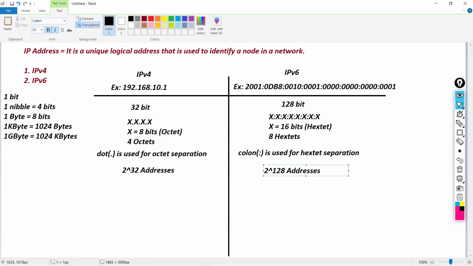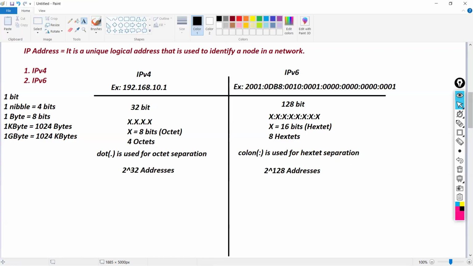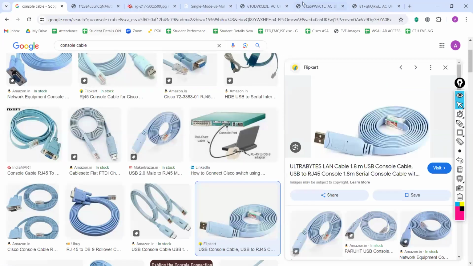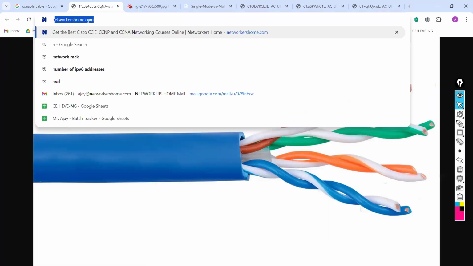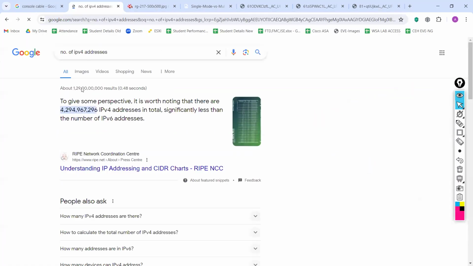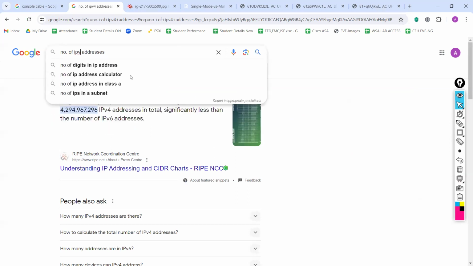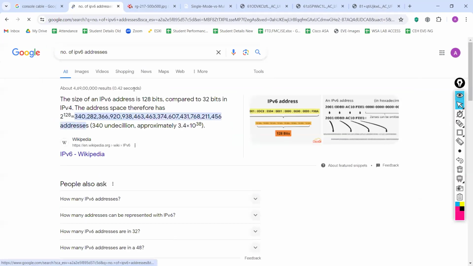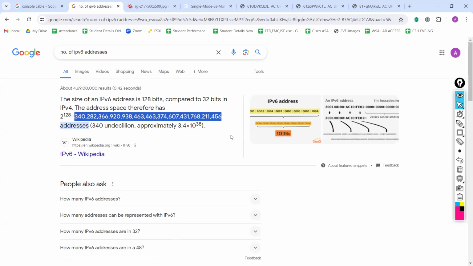Because if somehow you remember the IPv4 number, 4.29 billion, see here, if I search the number of IPv4 addresses, this is the number. Maybe somehow you will remember this. But when you go to IPv6, how will you remember? So the better option is 2 power 128. Same thing, 2 power 32.